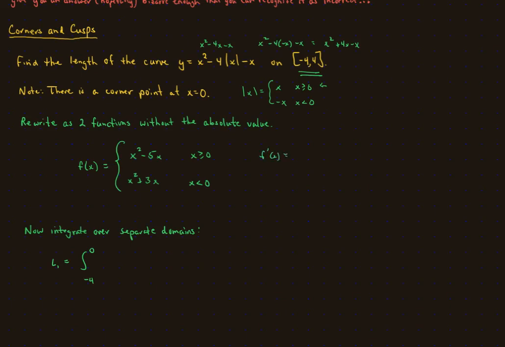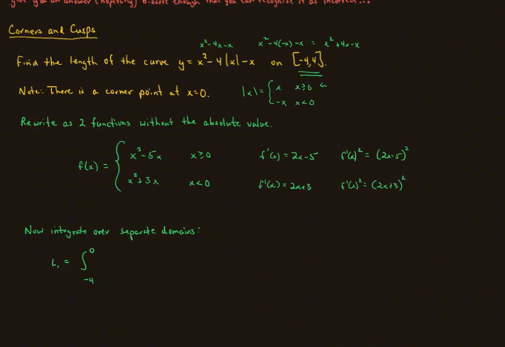Then on that first branch is going to be 2x minus 5, and therefore the f prime of x squared, since I think we're going to do this on our calculator anyway, I'm not going to go to the trouble of actually squaring it out, but we'll just write it as 2x minus 5 quantity squared. And on our second branch, the f prime of x is going to be 2x plus 3, and so our f prime of x squared we'll just write as 2x plus 3 quantity squared.